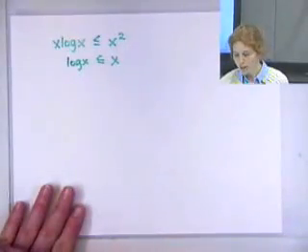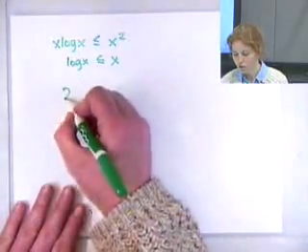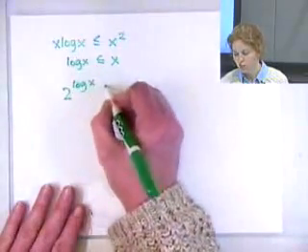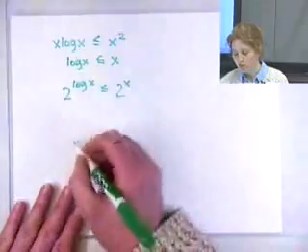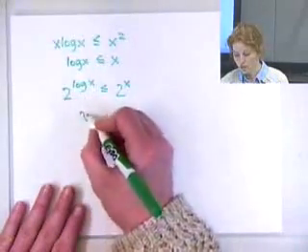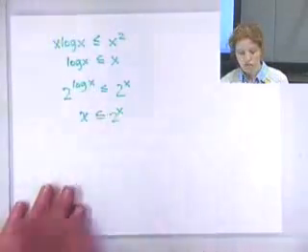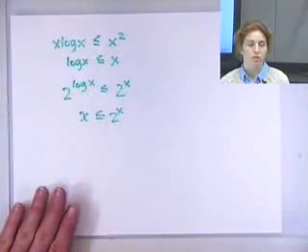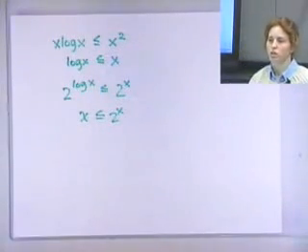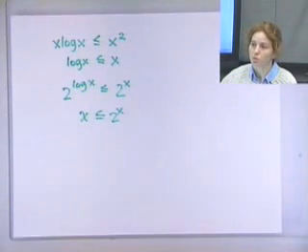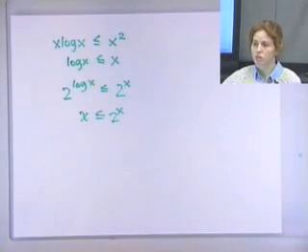If I'm not sure, then I could raise both sides to the power of 2: 2 to the log x is less than or equal to 2 to the x. But I know 2 to the log x is equal to x, and that is surely less than 2 to the x. So if I don't know with a function, I can do some algebra until I do. If you are not comfortable with logs, you can change it into exponents, which are a lot easier to see.